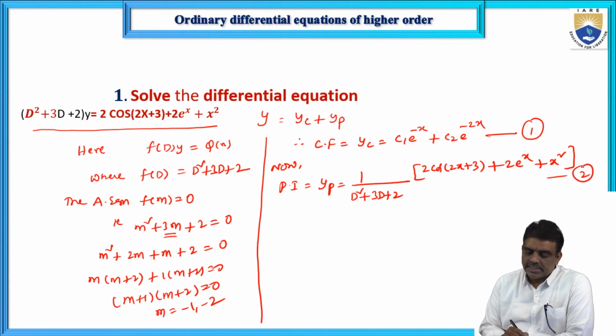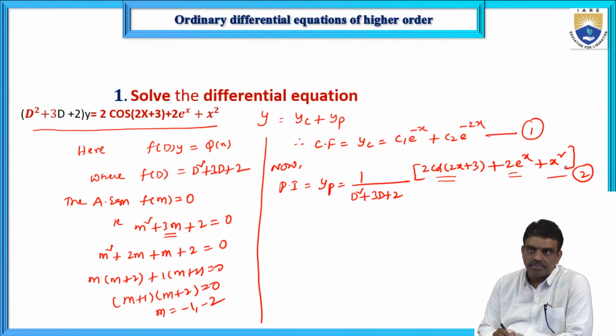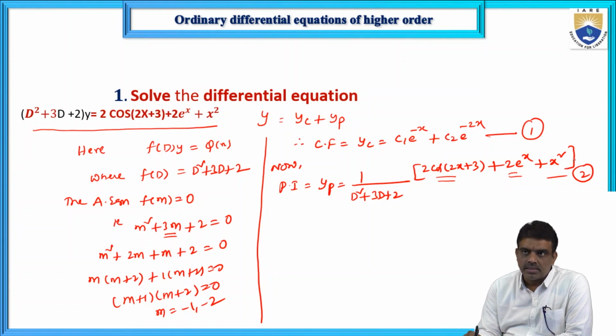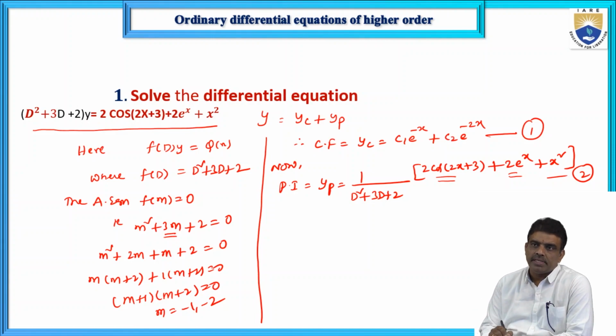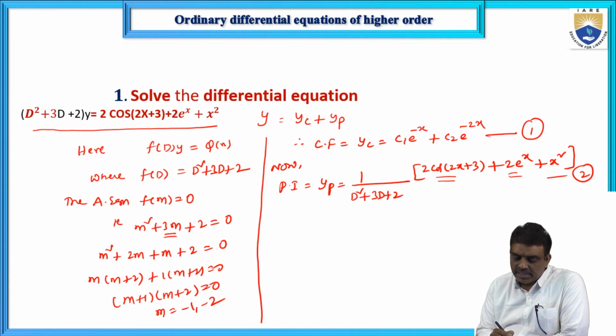I will find it step by step. First operate 1/(D² + 3D + 2) on the first function, then on the second function, finally on x². So you have to apply three models here in finding the particular integrals as per our syllabus.